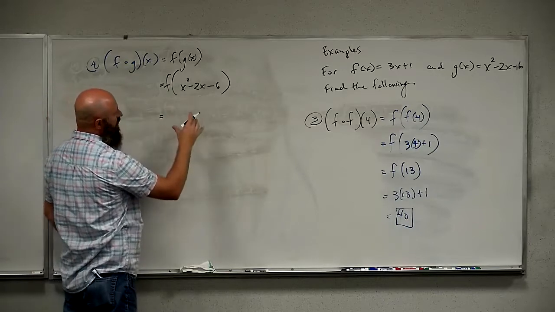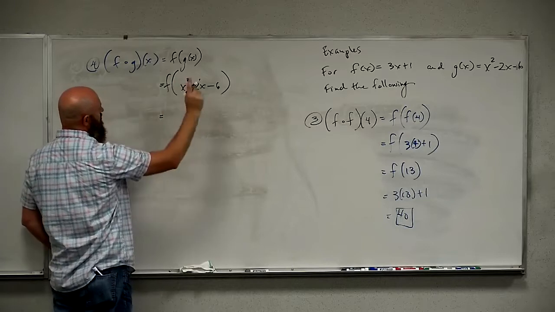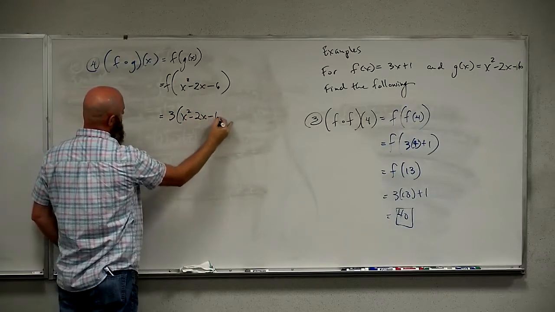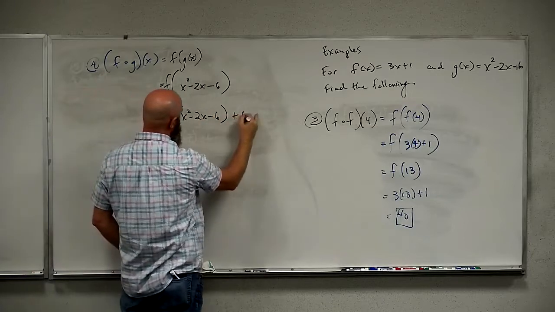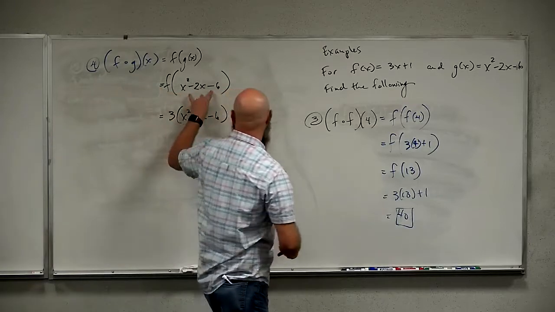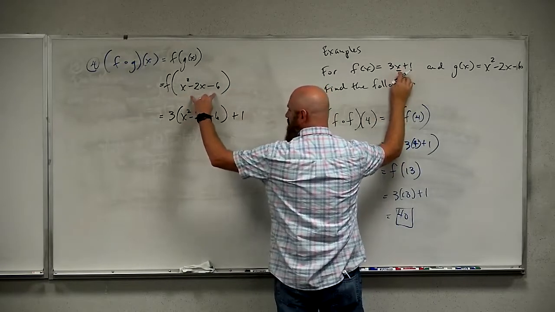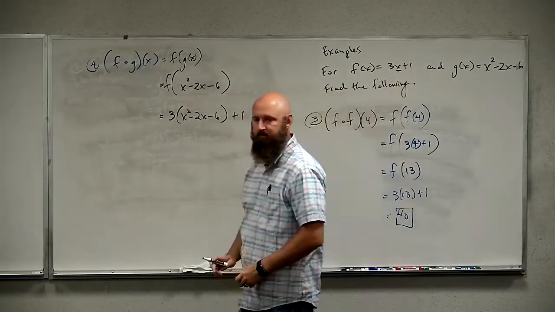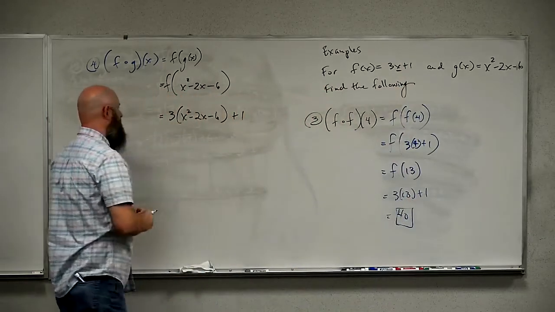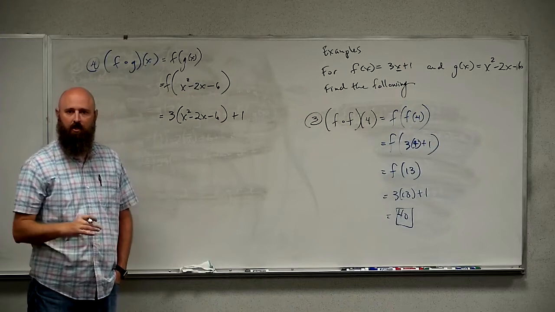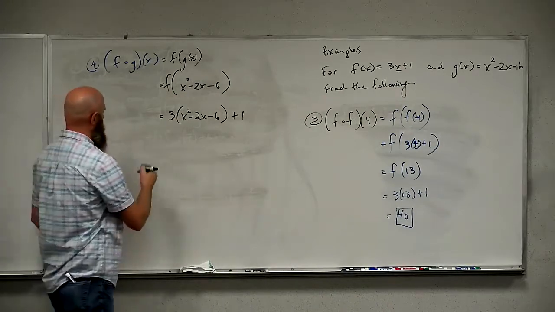All right, so now we're going to take this, plug it into f, and we're going to do 3x squared minus 2x minus 6 plus 1. So we took all of this and plugged it in right here into that x to be able to work through that. Okay. Well, now we need to simplify. So we're going to distribute, combine any like terms, do all of those things here. Okay.